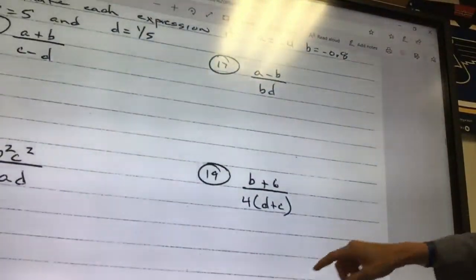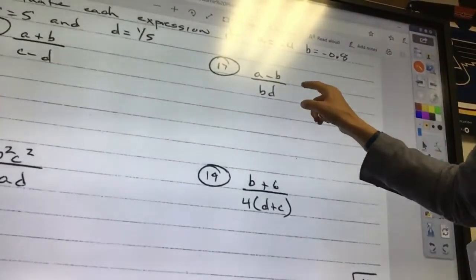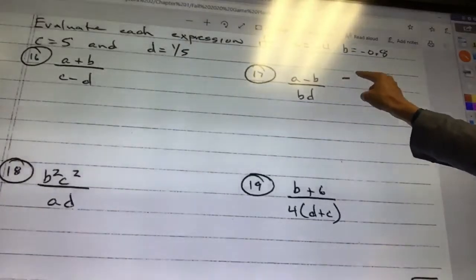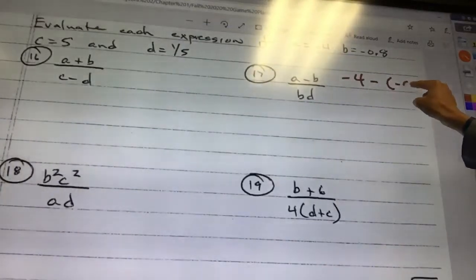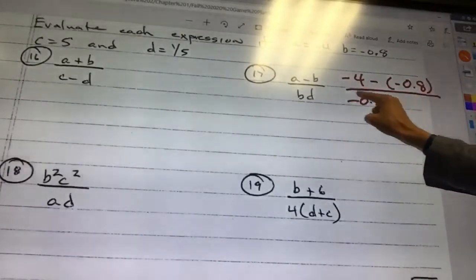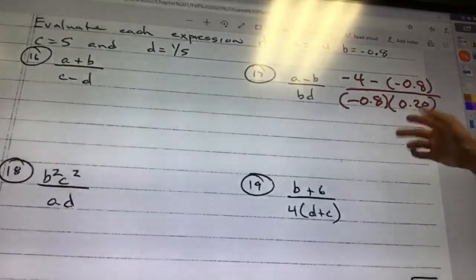17 and 18 to finish this part up. All right, 17, you can see it there: A minus B, be careful, divided by B times D. D is 0.20 or 0.2.